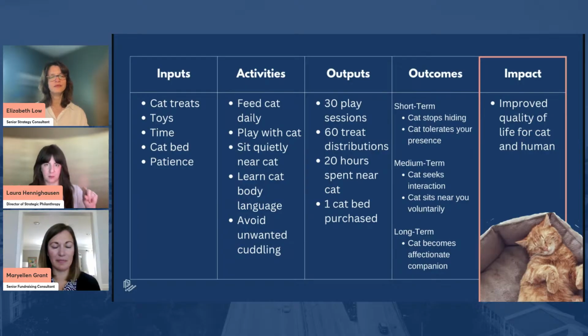The inputs, what we've put into it, the resources, our activities, what we actually did, the outputs, how much of those things we did, and what those trackable metrics might look like, those outcomes, so the stages or the eventualities of what those activities resulted in, all culminating in one big long-term impact.